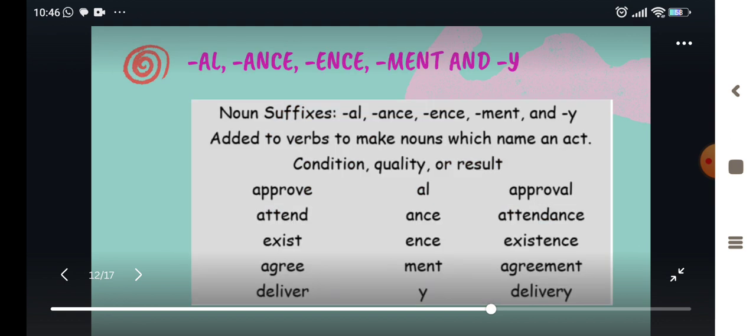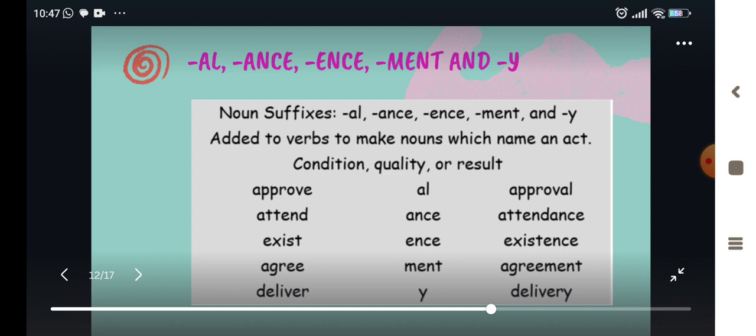Al, ance, ence, and ment. These are suffixes that, when you add them to verbs, make nouns which name an act, and they have a meaning of condition, quality, and result. For example, approve plus al, approval, has a meaning of condition.